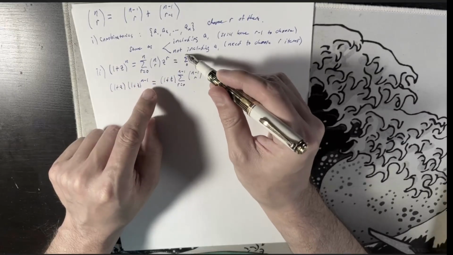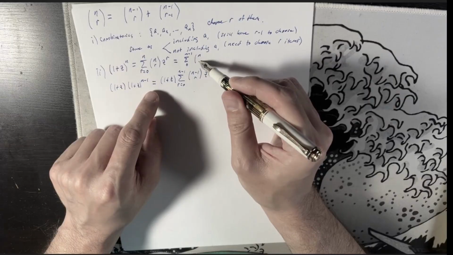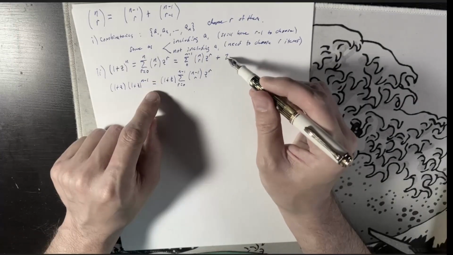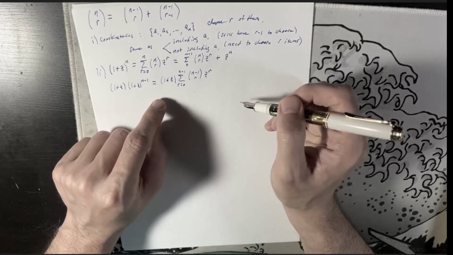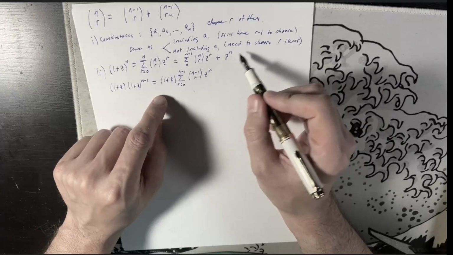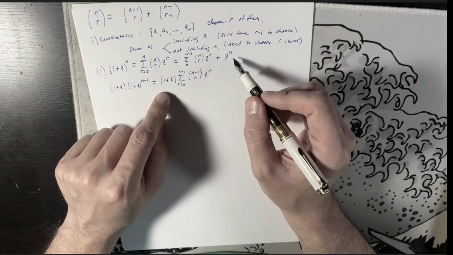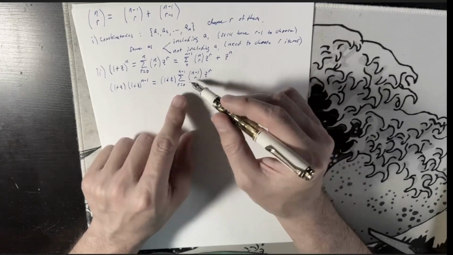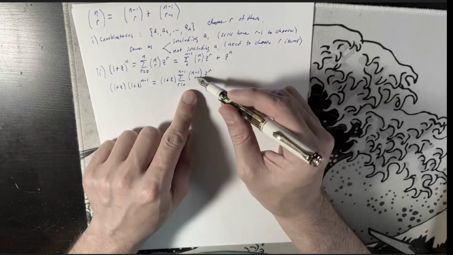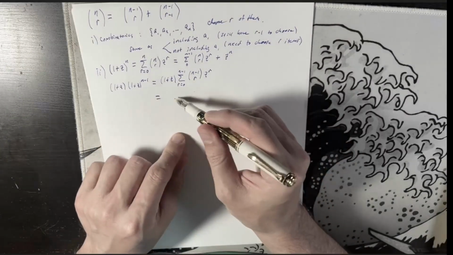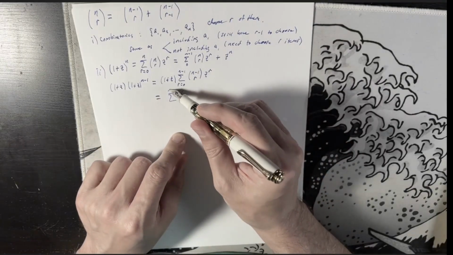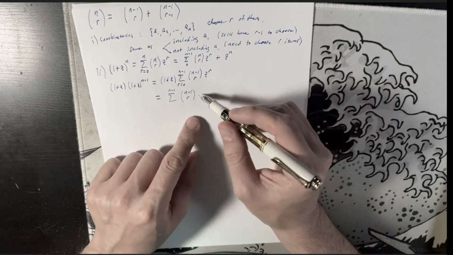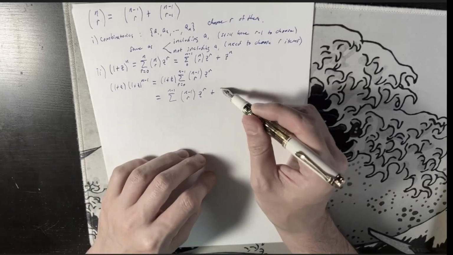This is the same as going from 0 to n minus 1, and then adding just the case z to the n. I'm wondering if that's going to be helpful. But anyway, when you do this, you get itself, and then you add z to it.